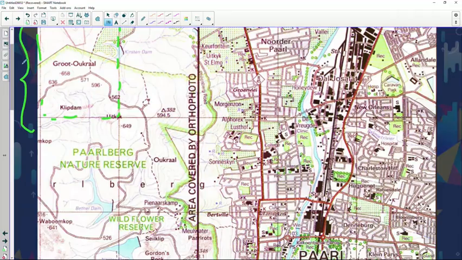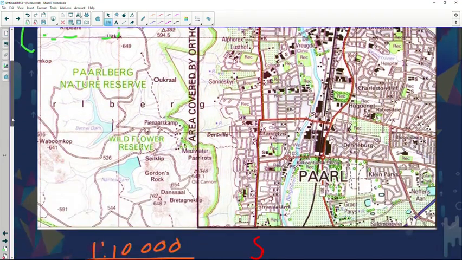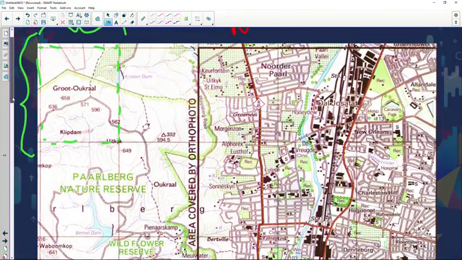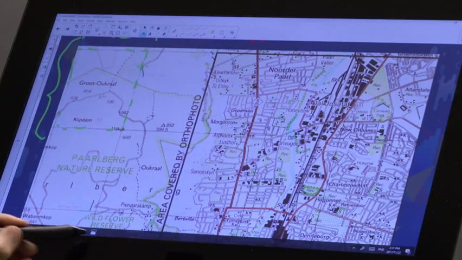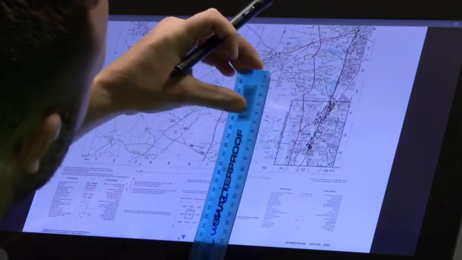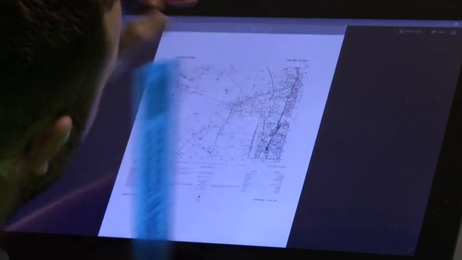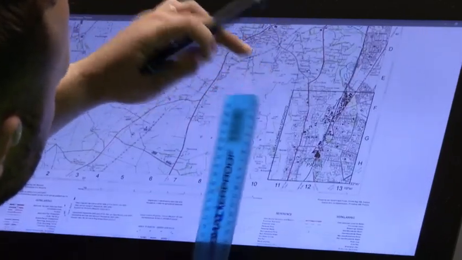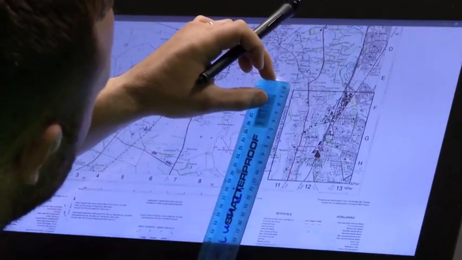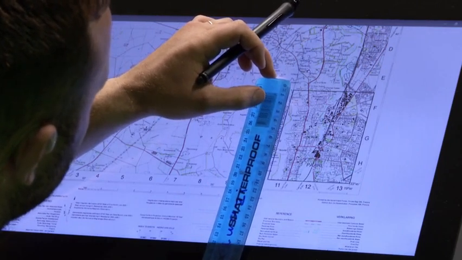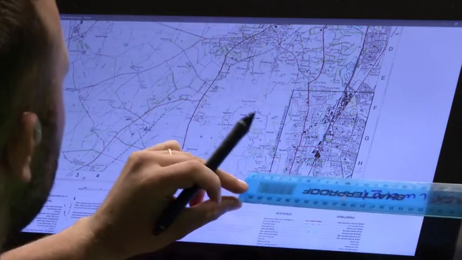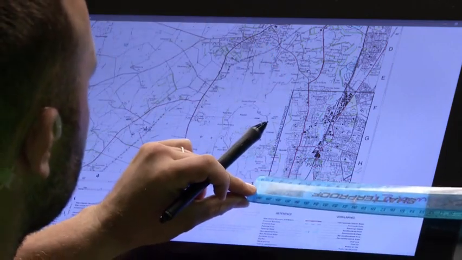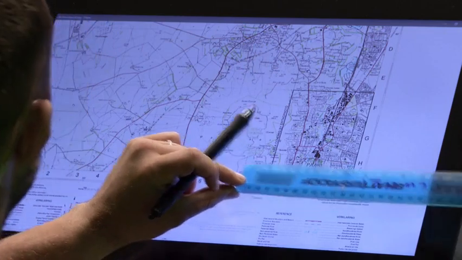If we look at the area covered by the orthophoto, let's quickly measure this distance over here. Okay, we won't be able to, but let's go to the map quickly and try it from there. So we measure the length. As you can see, the length is 10.5 centimeters and the breadth is 8.5 centimeters.